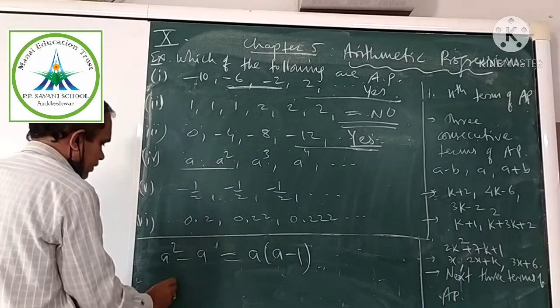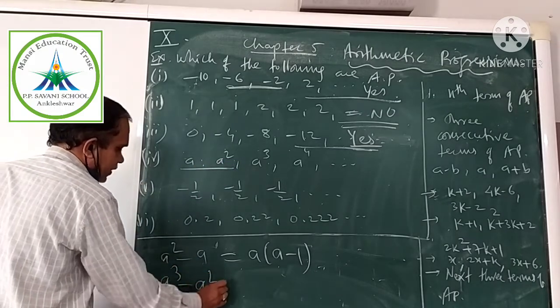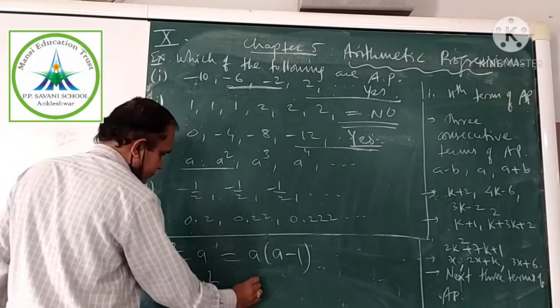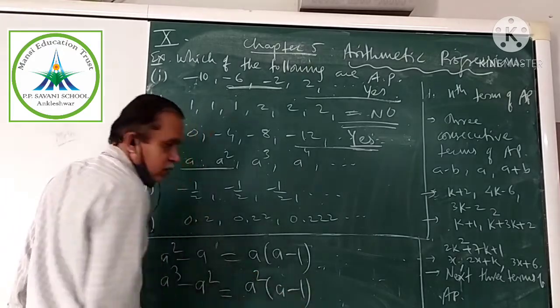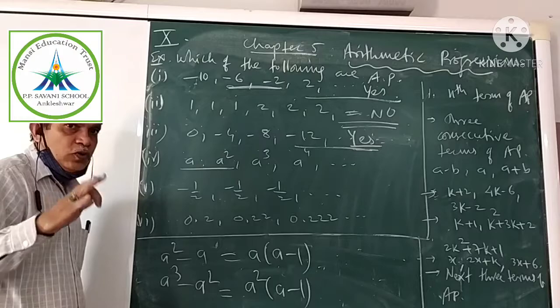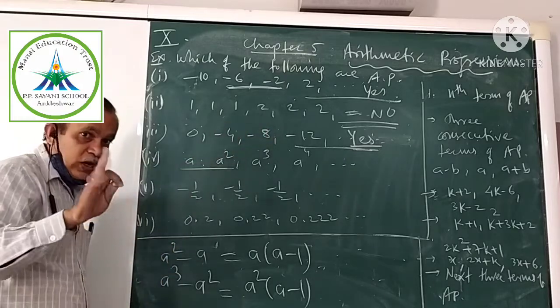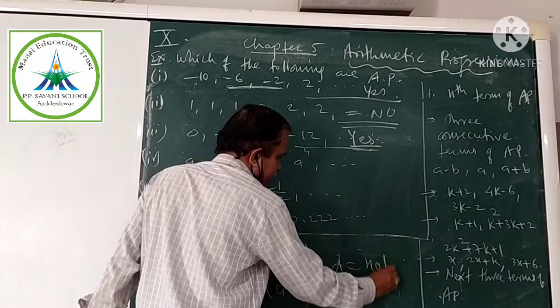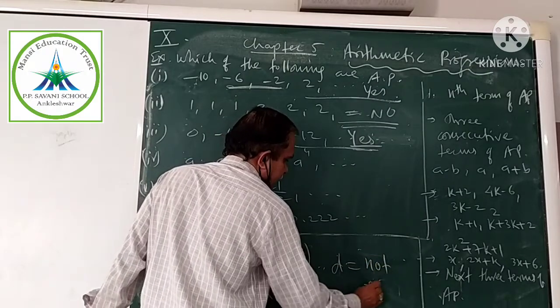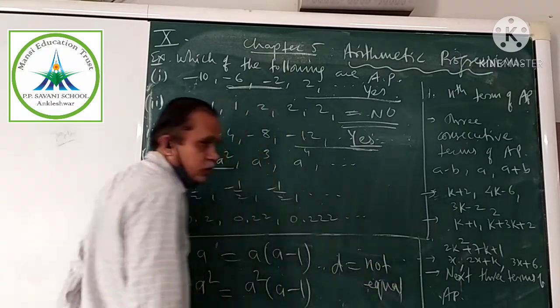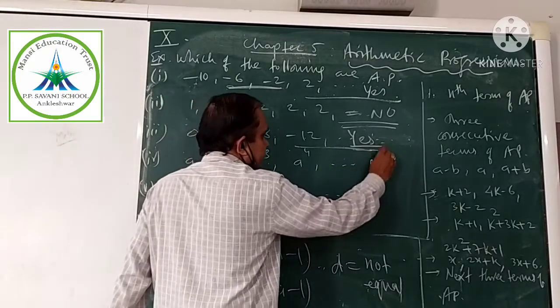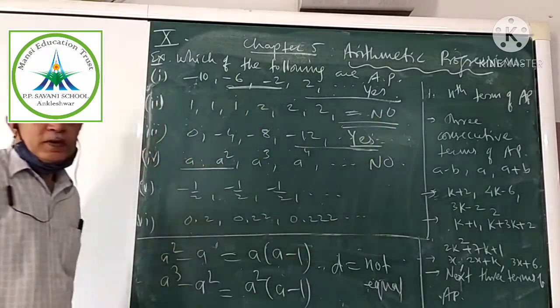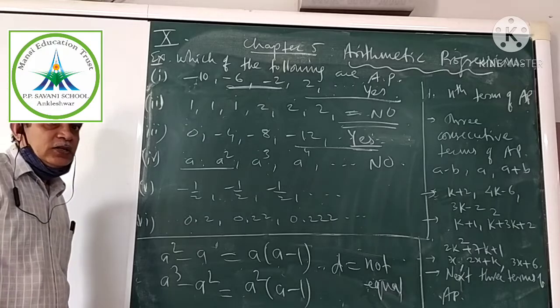Now I take this one: A cube minus A square. What is common? A square is common. Where is the common difference? It is not there. I will not try for the third, I don't have time. So D is not the same, not equal. So it is not an AP.